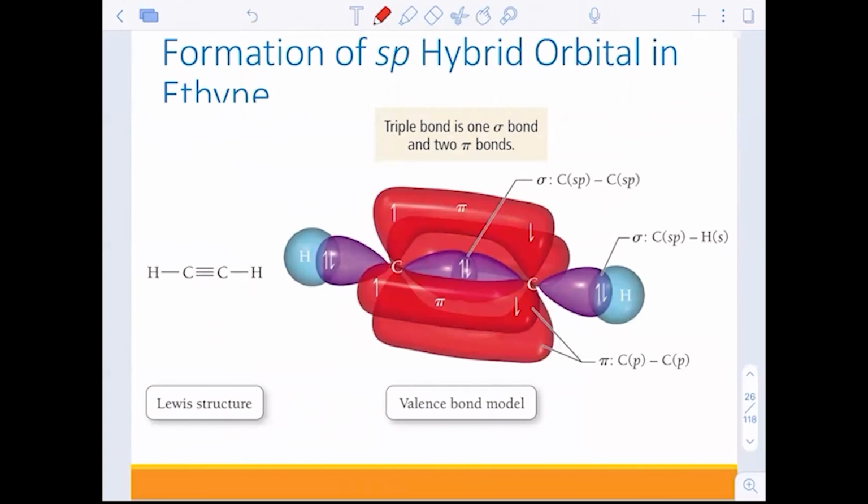Wow. I like this picture because I think it helps emphasize the triple bond itself. So when we look at this triple bond, we see that purple in the middle is the sigma bond. It's the sigma direct overlap of the sp carbon to the other sp carbon. And then when we look at the pi's, notice how the pi overlap is perpendicular to each other.